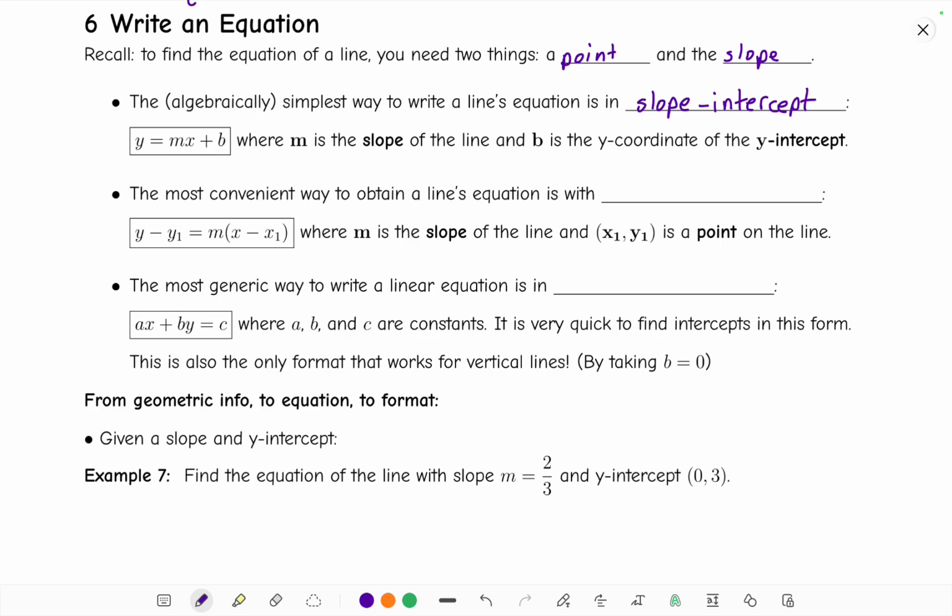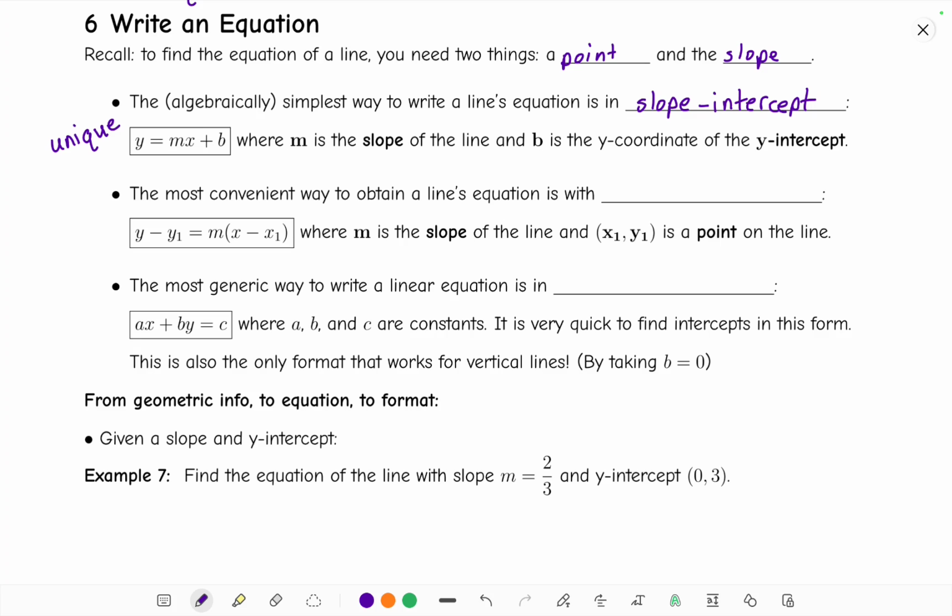The reason why this is the simplest is because this will be unique for each line. The other ones we talk about are not unique. This is the only one that is unique. And you have the slope, and they have a specific point, the y-intercept. So this one has a lot of restrictions in order to get it right away.